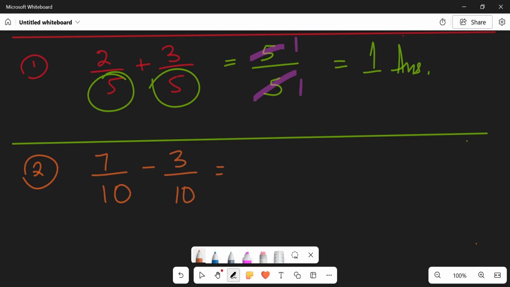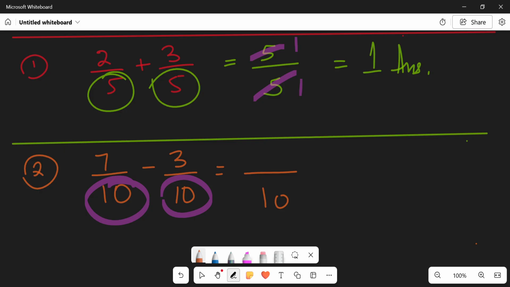Yes, so easy. First of all, what we need to check? You need to check the denominators, right? These two denominators. First of all, you need to write down the answer of the denominators. So 10 and 10, you will not say 10 plus 10, you need to take one 10 common. Okay, because both the tens are the same.